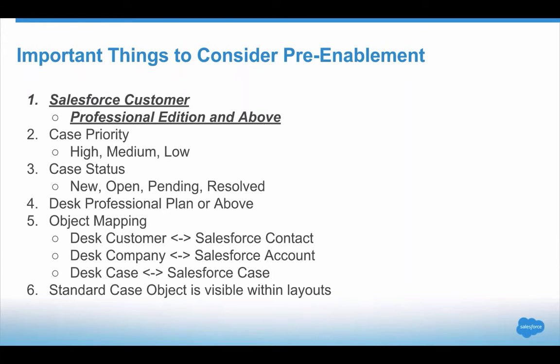Your case status values should only be new, open, pending, and resolved. These are the default values that we have in Desk. That's why we recommend that your case status values in Salesforce also be the same. Your Desk plan should be professional or above, because Desk Connect is only supported for pro plans and above.